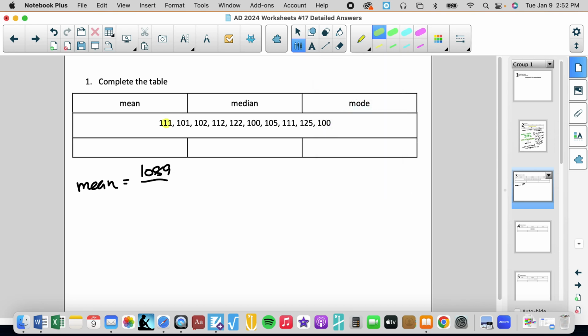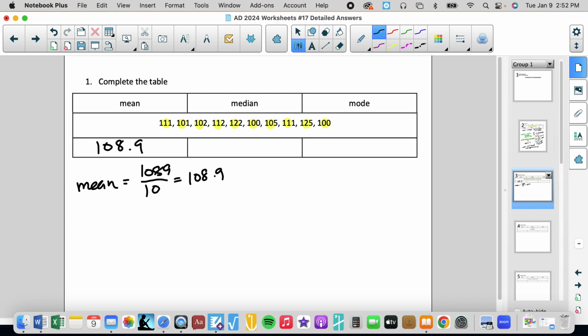We had 1, 2, 3, 4, 5, 6, 7, 8, 9, 10. We like 10. 10 is easy to divide by, so we get 108.9, and that is an exact value, so we did not round.